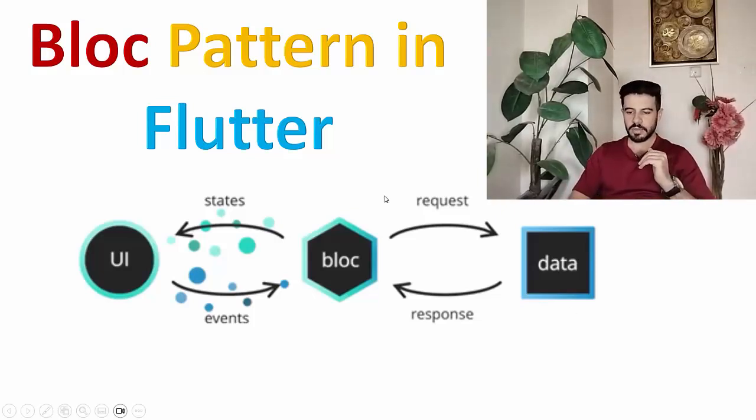First thing, you can always see this diagram from the documentation. In the Bloc pattern, we can simply divide our application into three parts. First, we have the UI. We can create a folder for everything related to the user interface. Then we have the Bloc, which is the business logic, everything related to the code and the logic.